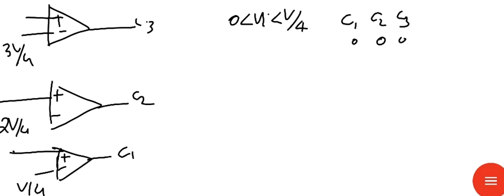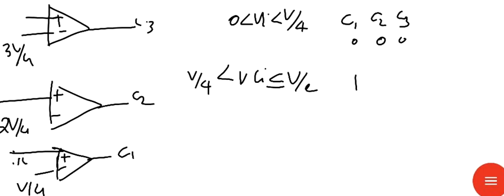And suppose V by 4 is less than Vi less than or equal to V by 2. Then Vi is greater than V by 4 but less than 2V by 4, so the output of comparator 1 becomes C1 = 1, C2 = 0, C3 = 0.